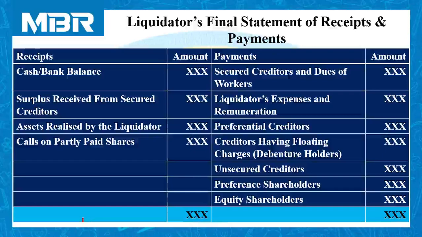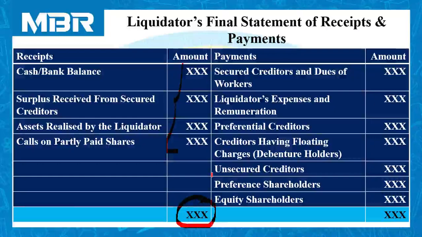And fourth, any call outstanding on partly paid shares. So a liquidator is entitled to receive these 4 items on the receipt side during the process of liquidation, and this is the total amount received by the liquidator.